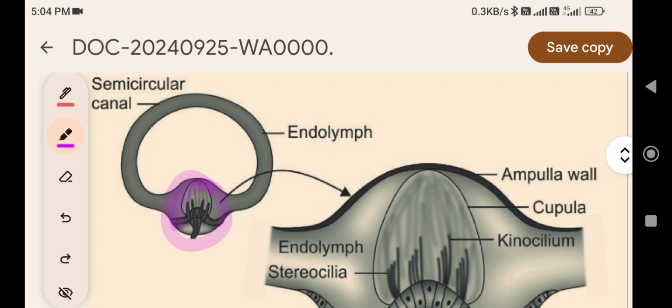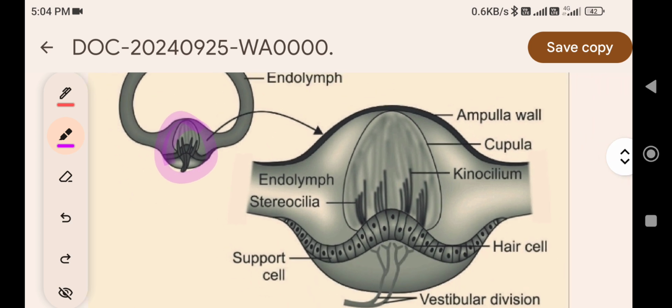The ampulla contains a projecting ridge, shown here in zoomed form. The projecting ridge, that is the crista ampullaris, is shown here. This is the crista ampullaris, and it is the receptor organ of the semicircular canal.